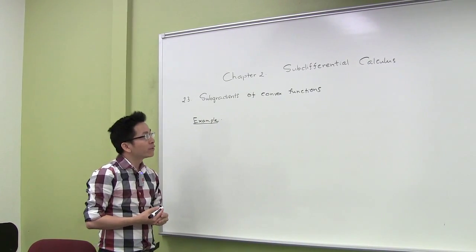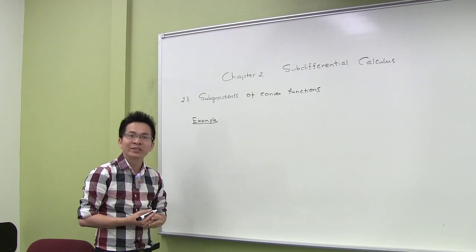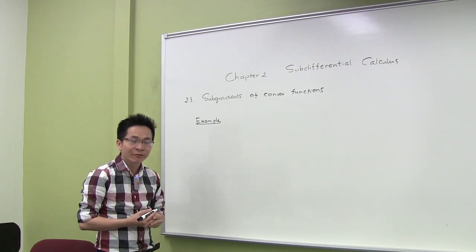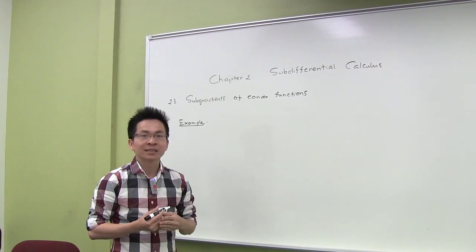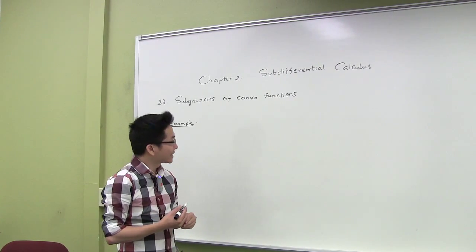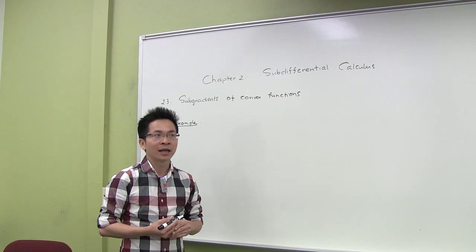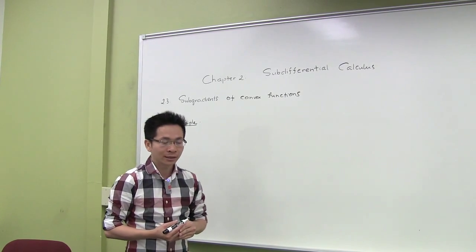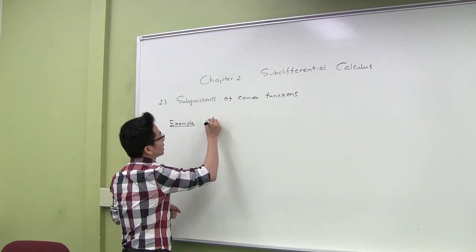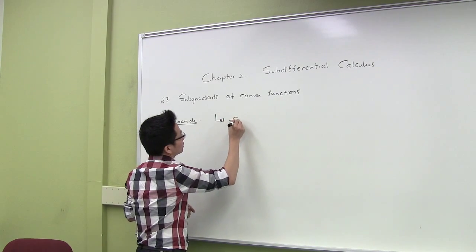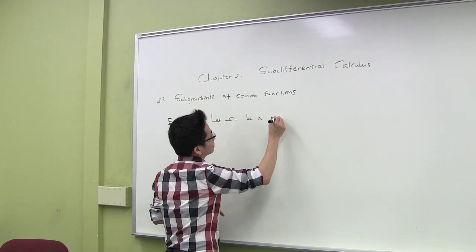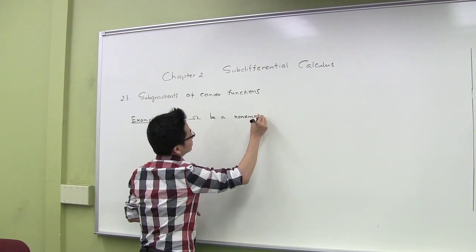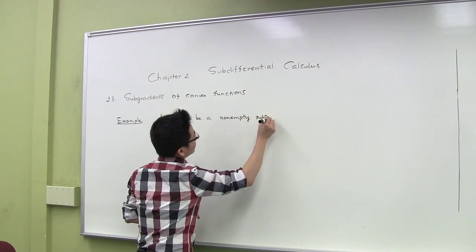Note that both functions considered in previous examples are real-valued. In this example, I'm going to give an example of an extended real-valued function and its subdifferentials. So let omega be a non-empty subset of Rn.